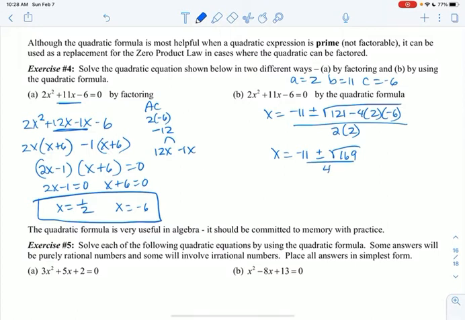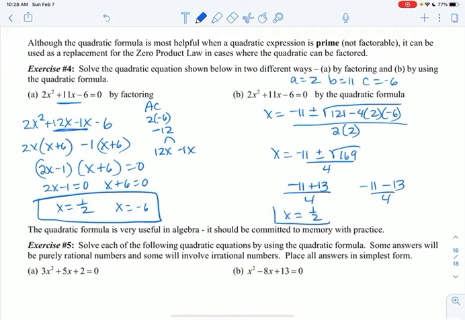Now we can already see from my previous answers that my answers are not going to have a radical. 169 is a perfect square, so I have negative 11 plus 13 over 4, because the square root of 169 is 13, and negative 11 minus 13 over 4. So negative 11 plus 13 is 2, and 2 over 4 is 1/2.